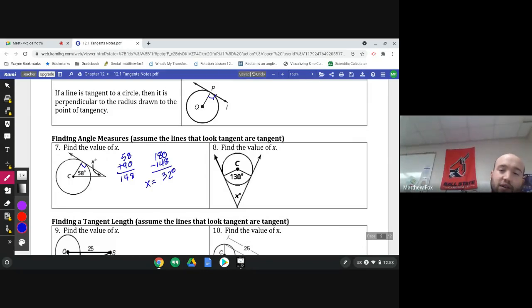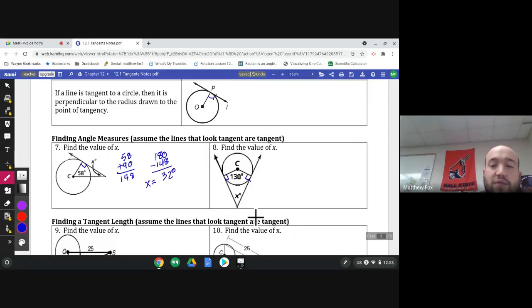Okay. Our next one. Once again, both these lines are tangent, which means I have a right angle here, right angle here. Now you might not know this, but if we have a four-sided figure, which we do here, 1, 2, 3, 4, much like a square, much like a rectangle, it's always going to be 360 degrees total.